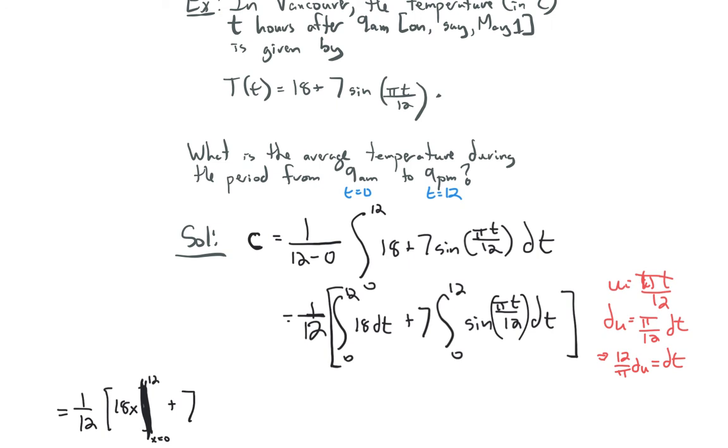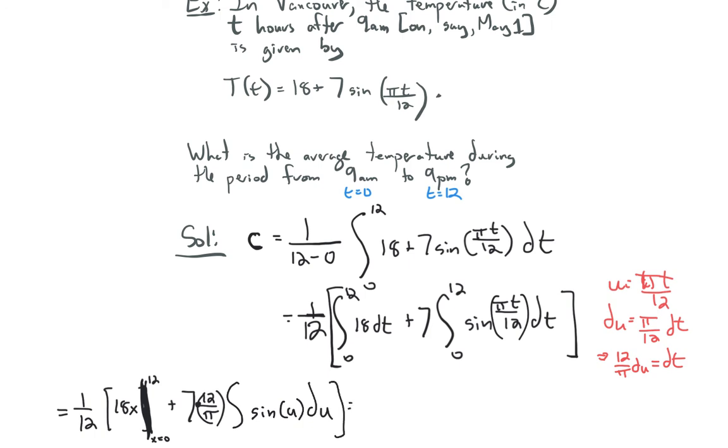We're going to replace that dt with 12 over pi du, and that's fine. So let's go ahead and do that. So we have 7 times 12 over pi, and let me put a times there so it doesn't look like a mixed number, times the integral, and we'll worry about the endpoints in a second, no big deal, of sine of u du.